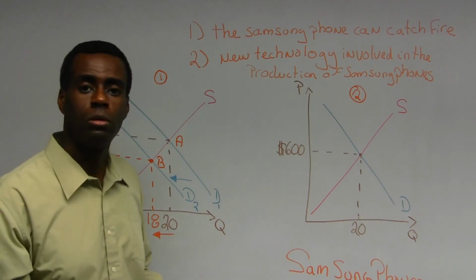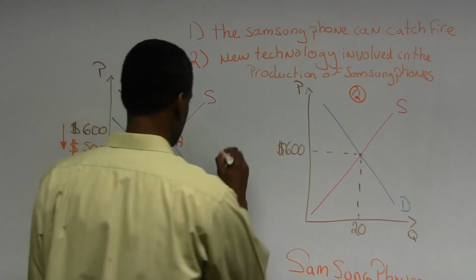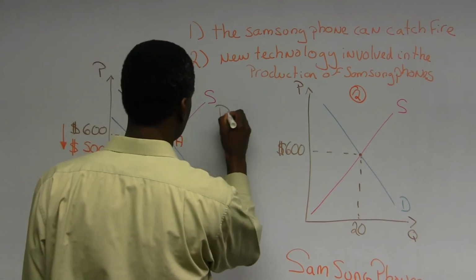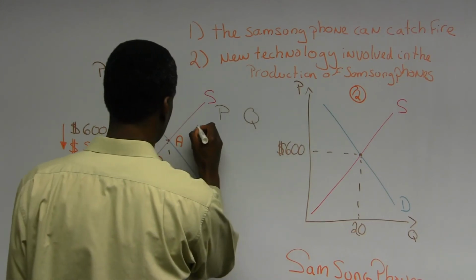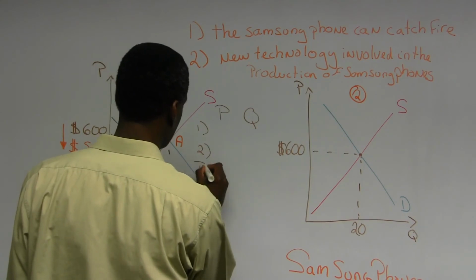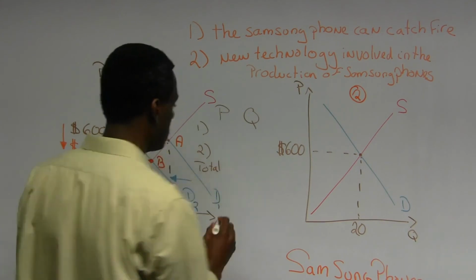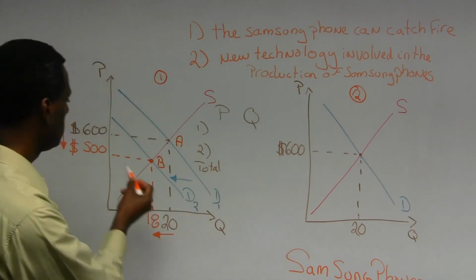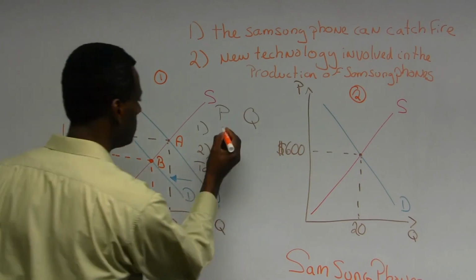And so we report this on a table. What we have here is that the price went down and that the quantity went down.